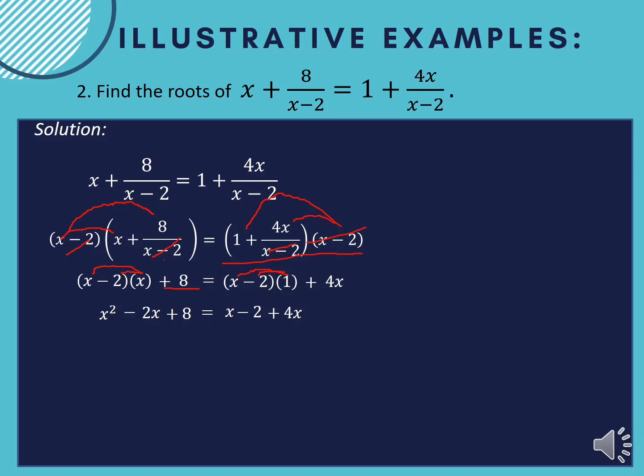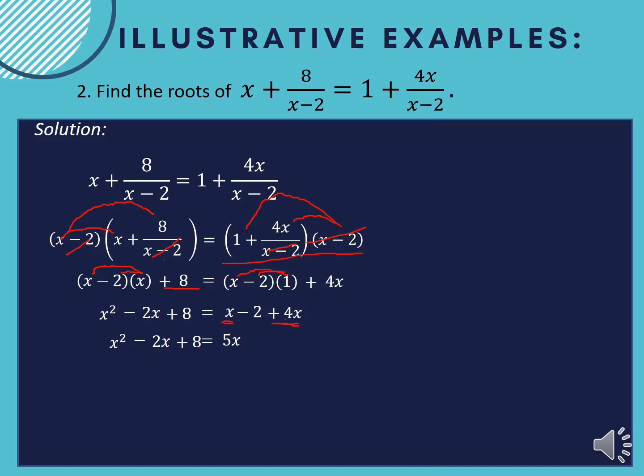Here, we can now transform it into standard form since the denominators are gone, so that we can simplify and combine similar terms. So, x squared, then negative 2x, and then positive 8 is equal to, let's simplify first. This x and positive 4x are similar terms.